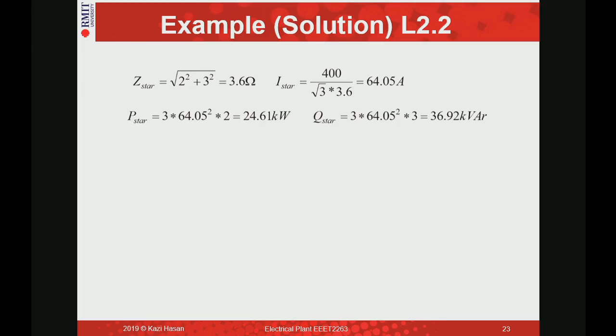Then we calculate the real power, that is 3 I squared R. We use the value of I phase because that is the same as I line. In Y, phase and line are the same. And we multiply with 2 here because of this resistance value in the impedance.